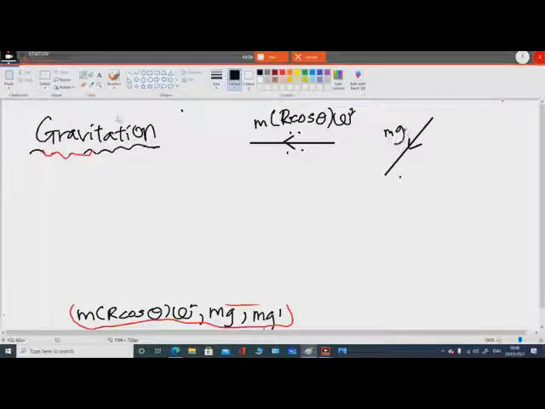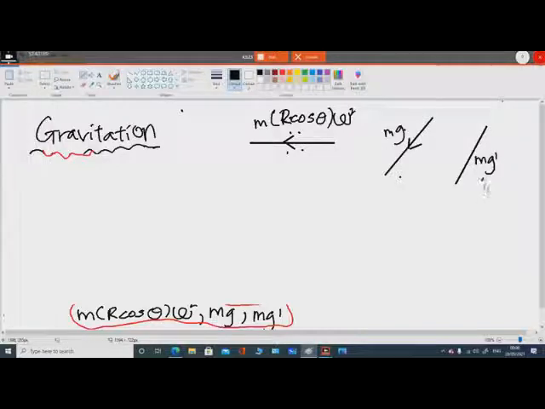And finally, another force, where the latitude of the mass lies, which is mg prime.